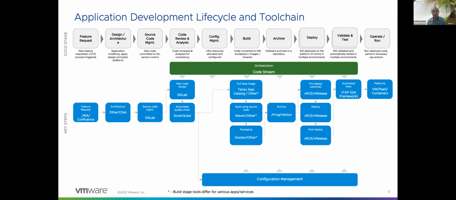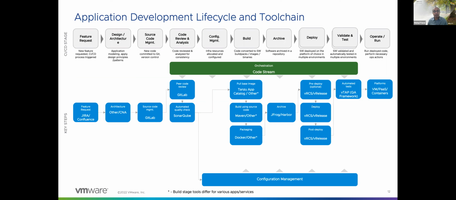These are just to give the attendees an idea of what tools we are using. I'm sure you will have tools based on your requirements or the apps you are running. All our feature requests and documentation happen in Confluence, the user stories are created in Jira, and all the development activities are run through Jira.